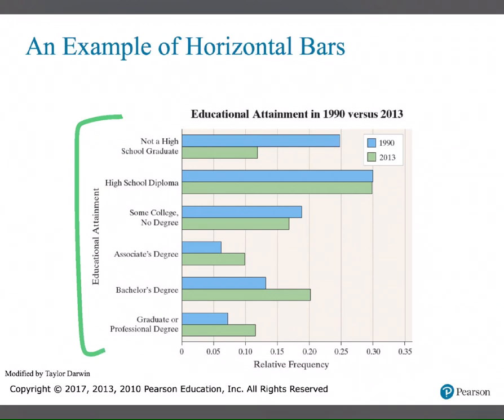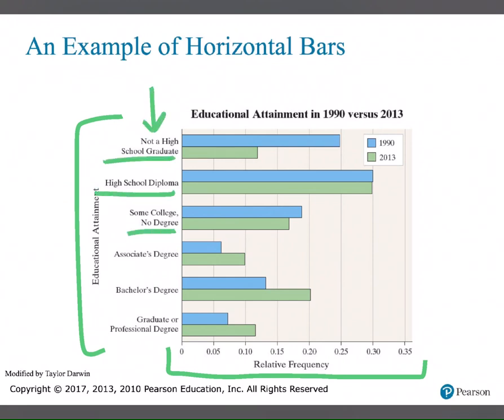And so here's our categories, and then here on the horizontal axis is where our relative frequency or frequency would go. And this is just what it looks like. And again, you use it when your categories are lengthy and you don't want to draw them on the horizontal axis. And this is a side-by-side horizontal bar graph because the bars are horizontal.